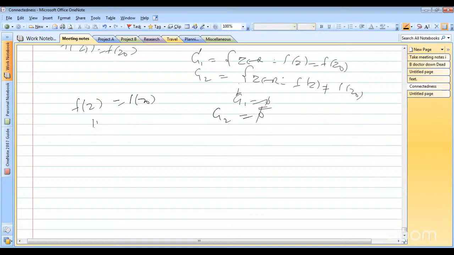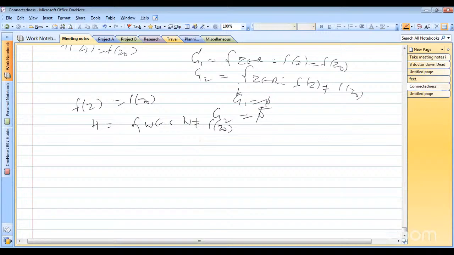Consider the set H equal to the set of w belonging to C with w not equal to f(z0). The set H is open. Further, f inverse of H, the pre-image of the set, is G2. Since f is continuous, f inverse of H is open, so G2 is also open.